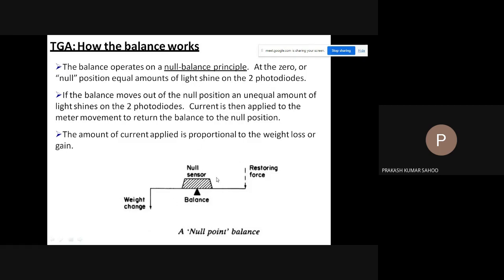Then we have the thermobalance. This is the thermobalance, and this is the null point, like the balance used in our old times when we purchased rice and dal. Then the shopkeeper will hold one balance in his left hand, a balance of two pans.